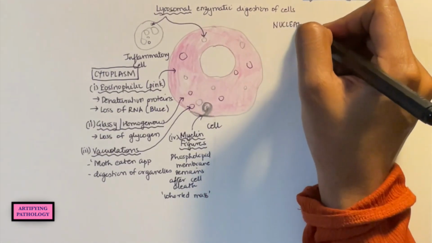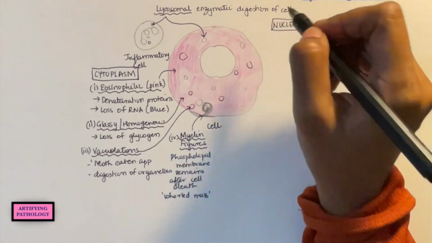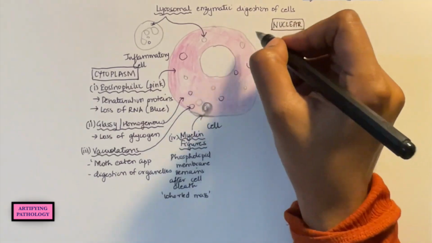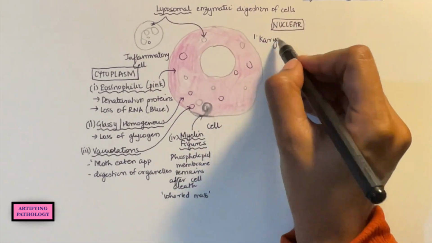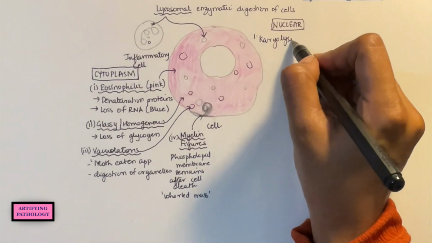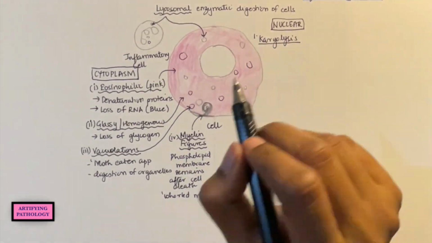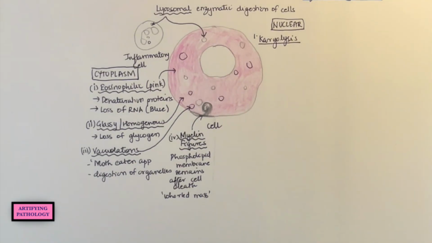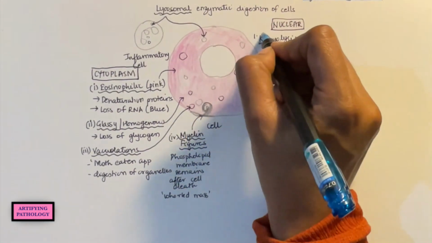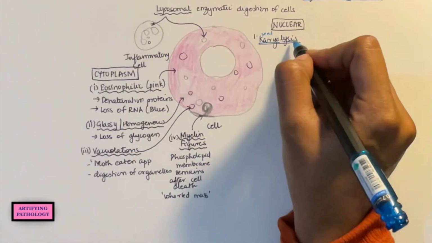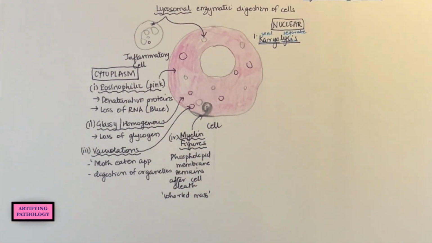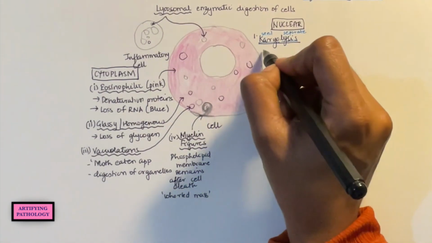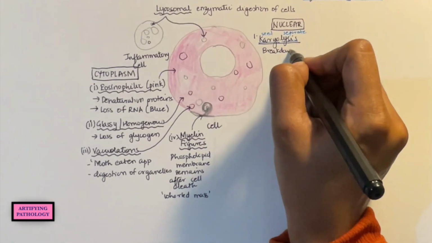Next, moving on to the nuclear features. The first one is karyolysis. Now if we break the word and divide it as karyo and lysis, karyo means a seed in Greek and lysis meaning separation. So in karyolysis, the nuclear content separates, that is, the DNA breaks down.